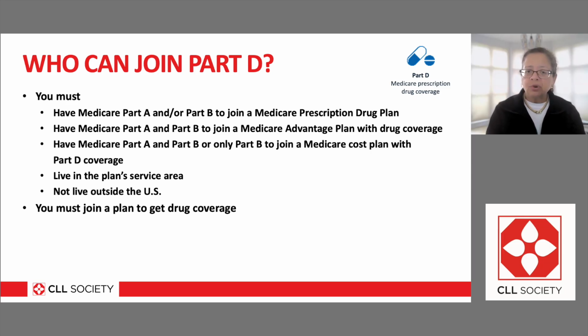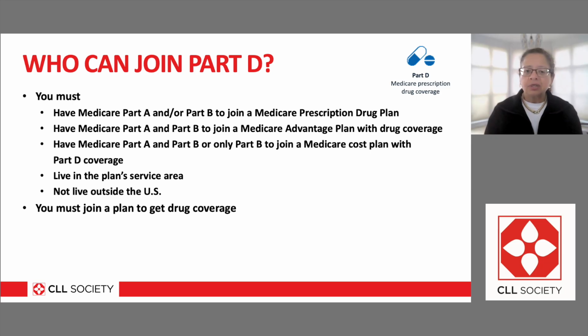So in order to join Part D, and maybe we should have said this at the outset when we were having slides about should I get Part A, should I get Part B? Well, you have to have both of those in order to get a prescription drug plan or PDP to cover your pills and tablets. You similarly have to have it to get a Medicare Advantage plan.